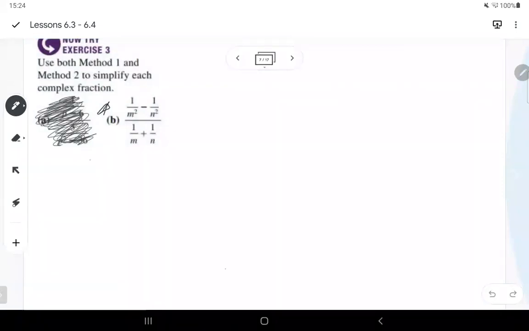So if you do not like the m's and n's for this problem, you can replace them if that helps. I already have my notes set up for m's and n's, but if it helps you, you can change it. So again, let's work with method 1.